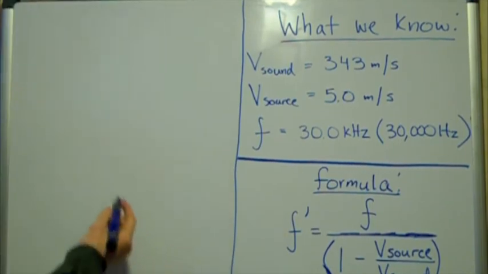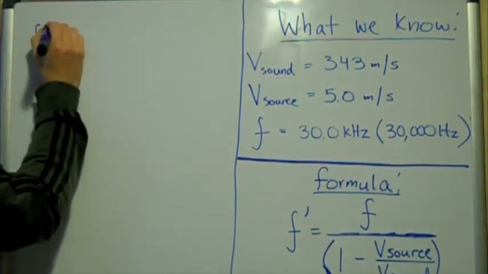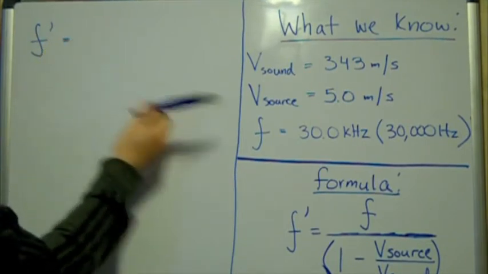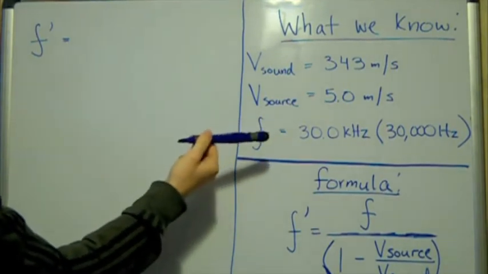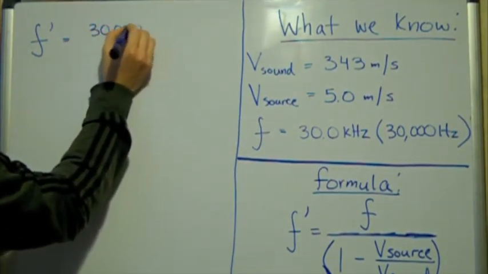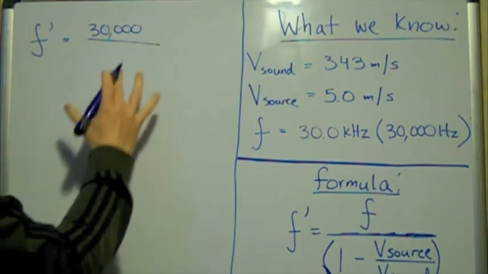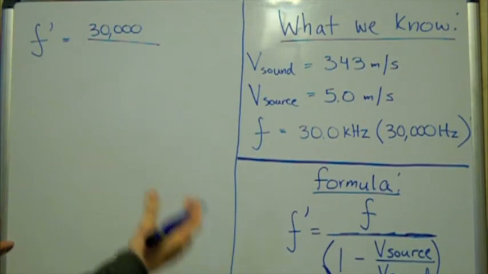Now we're going to start plugging numbers into the equation. To rewrite this again, f prime is equal to the original frequency, which is 30,000 hertz, in the numerator. We're going to disregard units for the time being until we get to a final answer. It just makes things a lot easier.